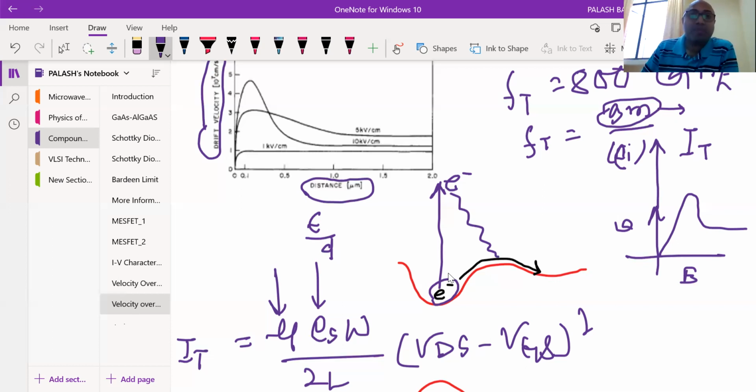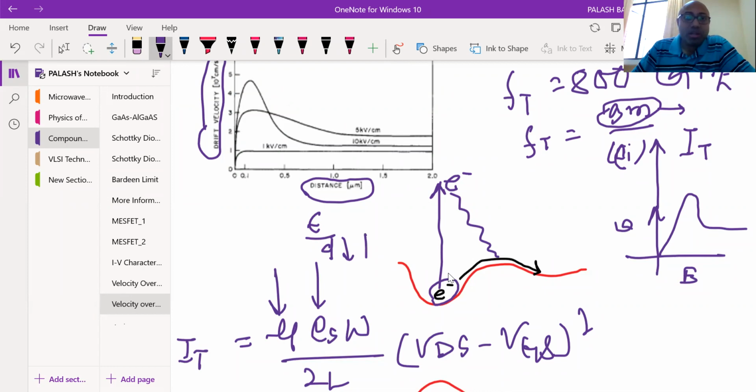You have to change another parameter, like how to increase the CS capacitor. If you want to increase CS, you need to reduce XD.